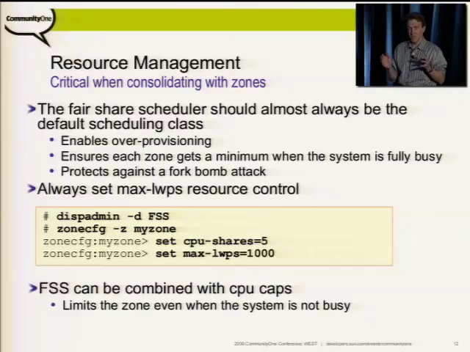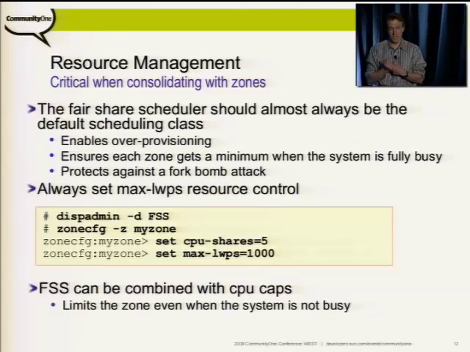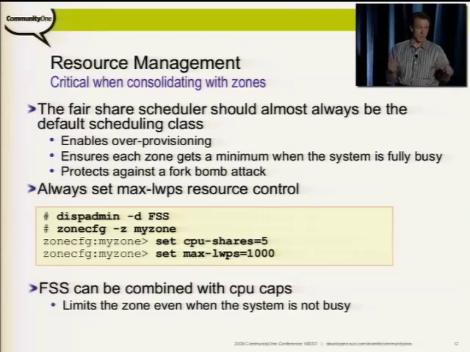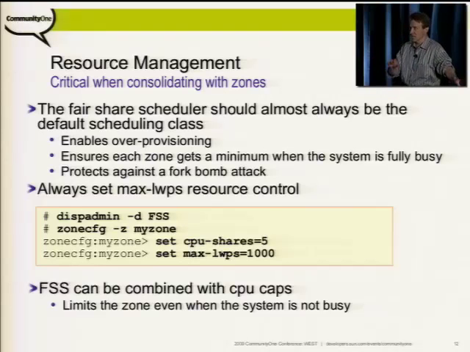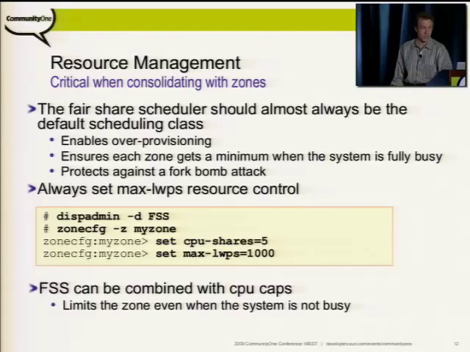Under normal conditions, when the system isn't saturated, it's not really doing anything special for you. The one zone that's busy can use the whole system if it wants to. But when all the zones are busy and the system doesn't have enough CPU to keep up, the fair share scheduler kicks in and makes sure each zone gets its share.